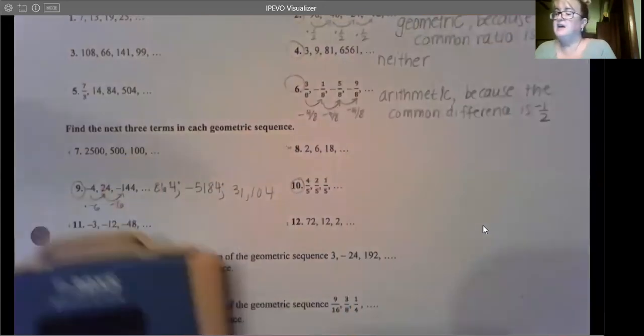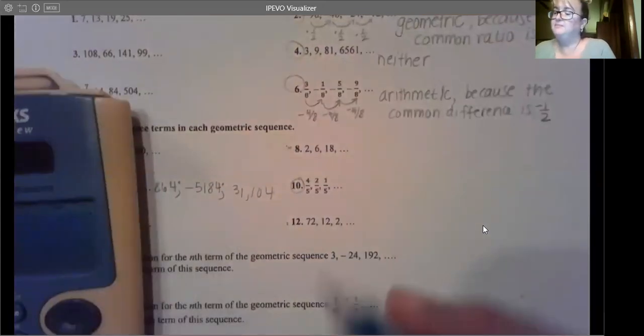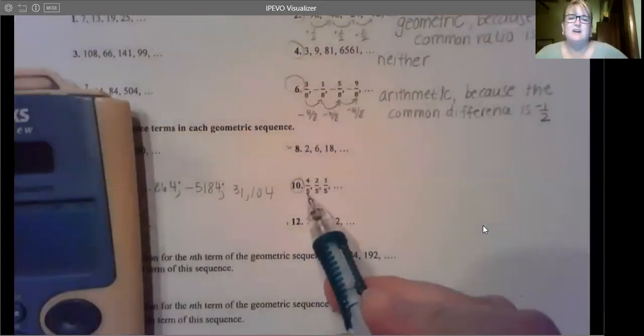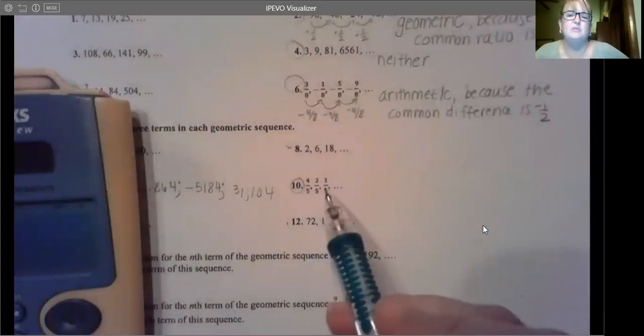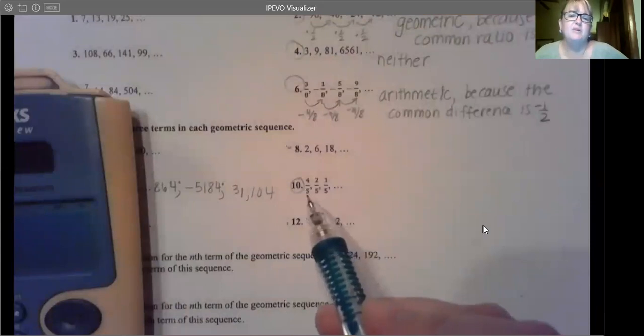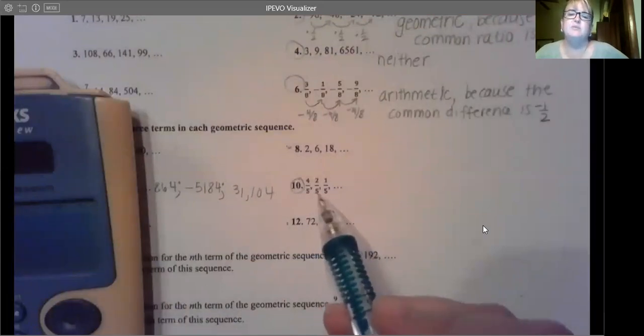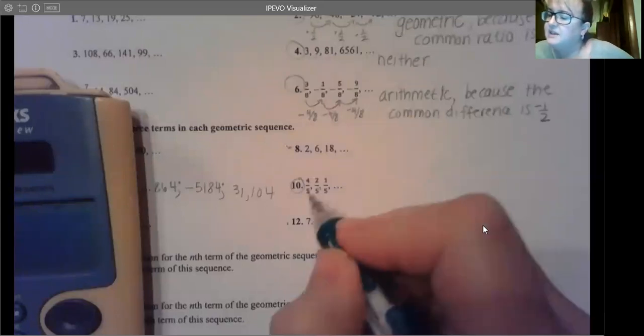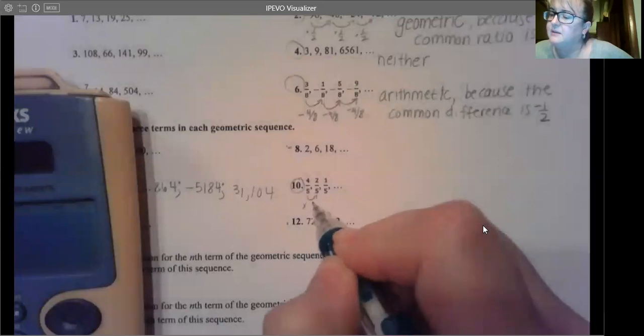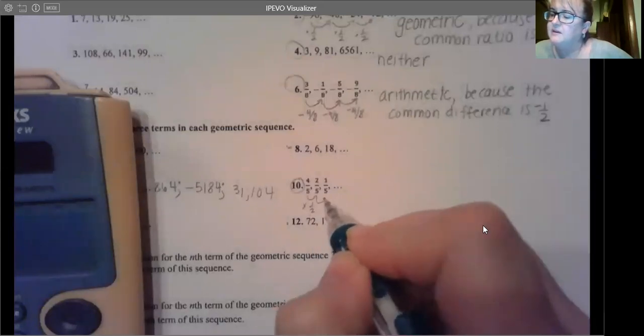All right, let's look at 10. What is happening with 10? 4/5, 2/5, 1/5. I have 4/5 and I have 2/5 and I have 1/5. We are cutting it in half each time. So this is multiplying times 1/2, times 1/2.